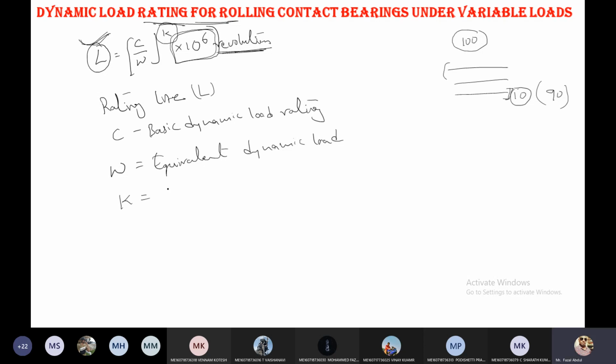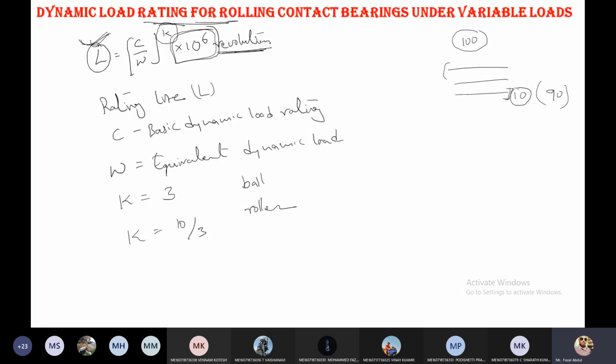For a ball bearing, if the problem is given as ball bearing type, we need to substitute k as 3. And if the question is given as roller bearing, we substitute the k value as 10 by 3. Now we have another relation.